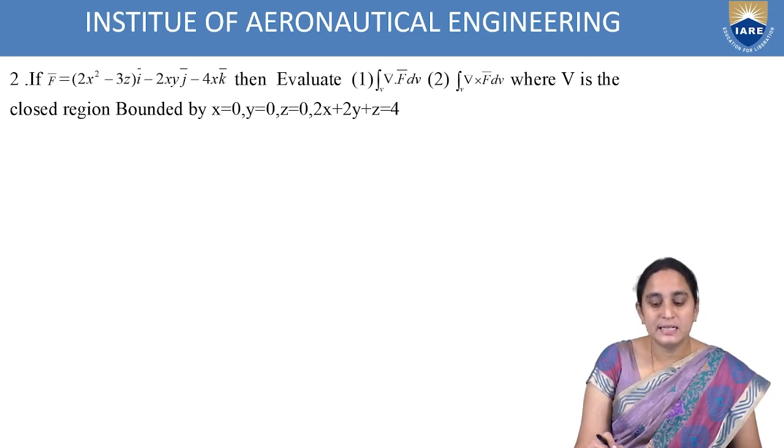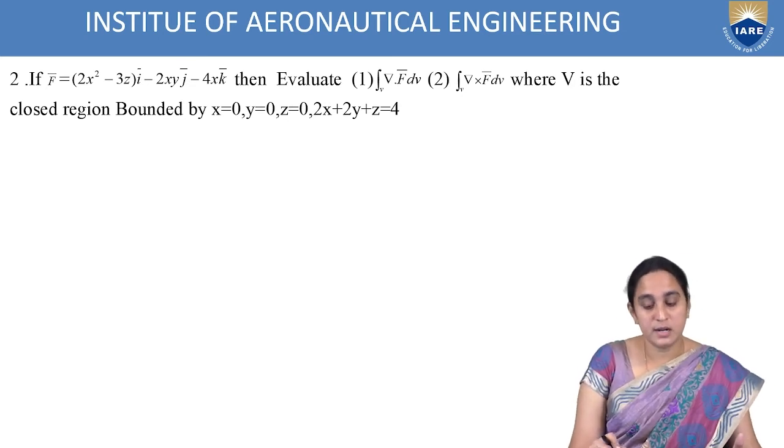Second question, integral v del cross f bar dv, where v is the closed region bounded by, what are the limits here? x is equal to 0, y is equal to 0, z is equal to 0, and the surface is here 2x plus 2y plus z is equal to 4.